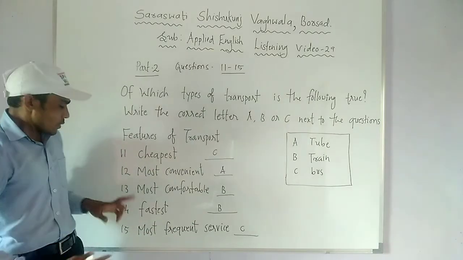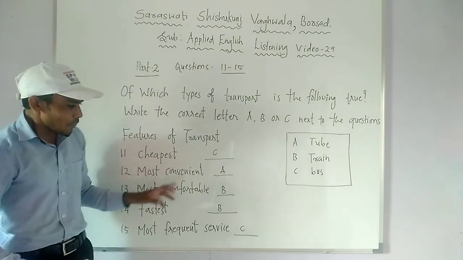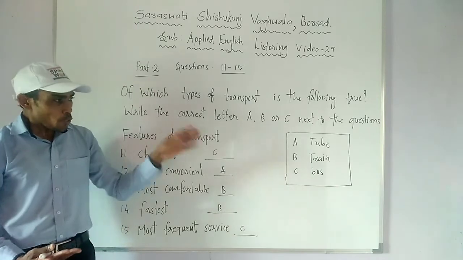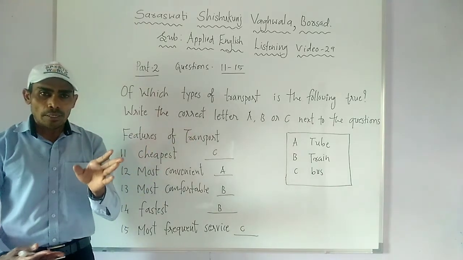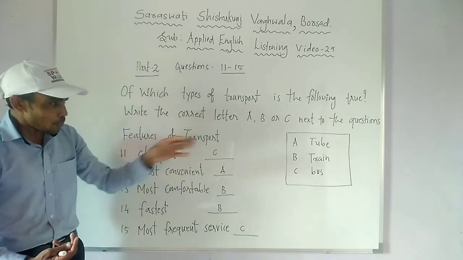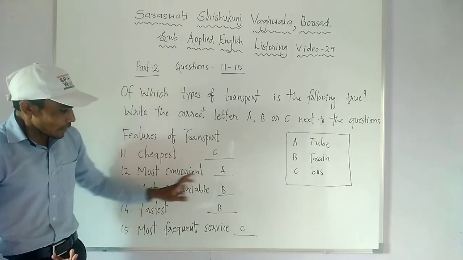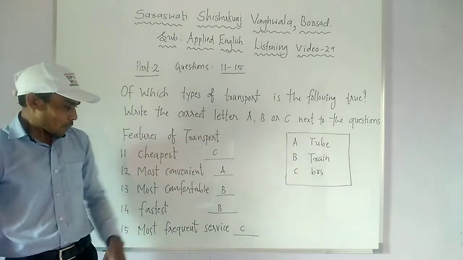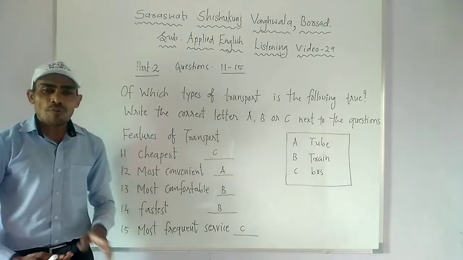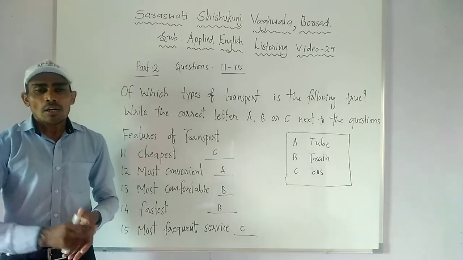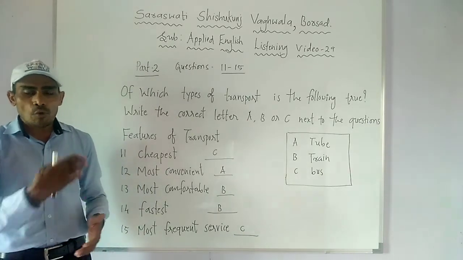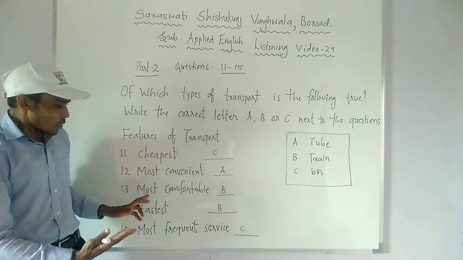The second one we see, 12th number, most convenient. Now what is the most convenient? Tube. Now tube means it is an underground train. Okay, tube. Now most convenient is A, it is the tube. Okay. Now most comfortable: every day on a regular basis she has to go to college and there would be many stops. So what is the most comfortable for her?